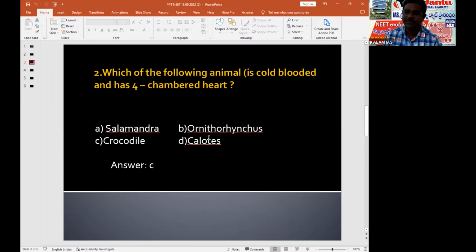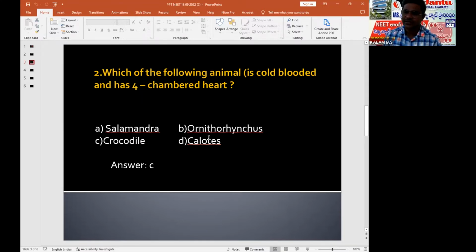See, reptiles belong to the cold-blooded animals. They have a partially divided four-chamber heart. That means in the four chambers, the lower chambers, the ventricles, the third and fourth chambers, are not completely divided in the reptiles. So in the reptile heart structure, we have an incomplete four-chamber heart.